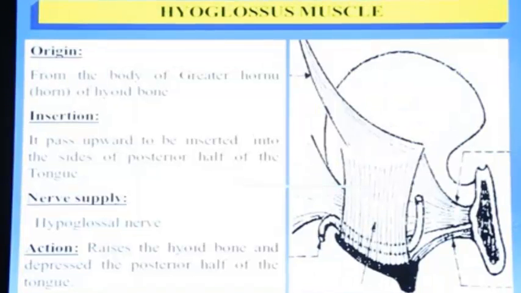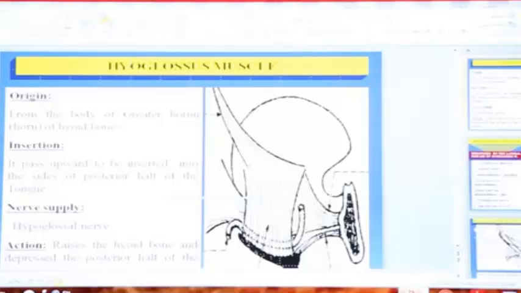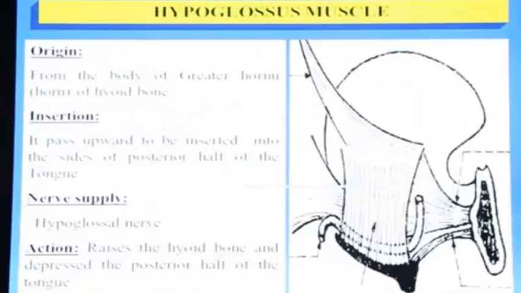This is the hyoglossus muscle. It arises from the body of the greater horn of the hyoid and passes upward to be inserted to the side of the posterior half of the tongue, innervated by the hypoglossal nerve. It depresses the posterior half of the tongue.